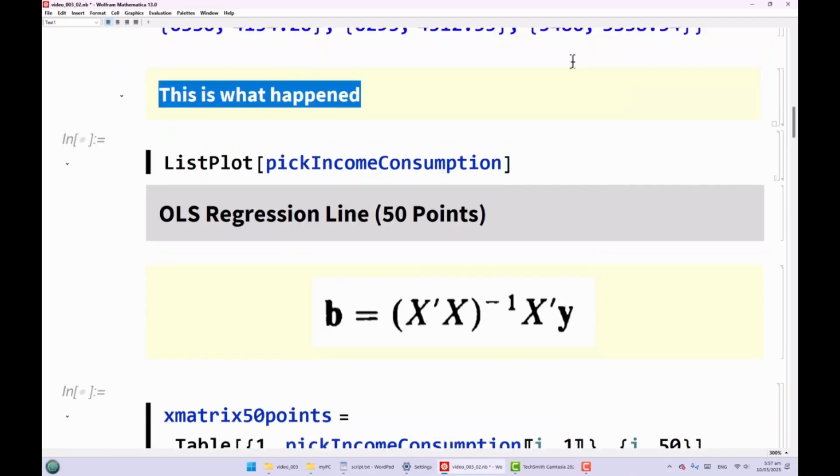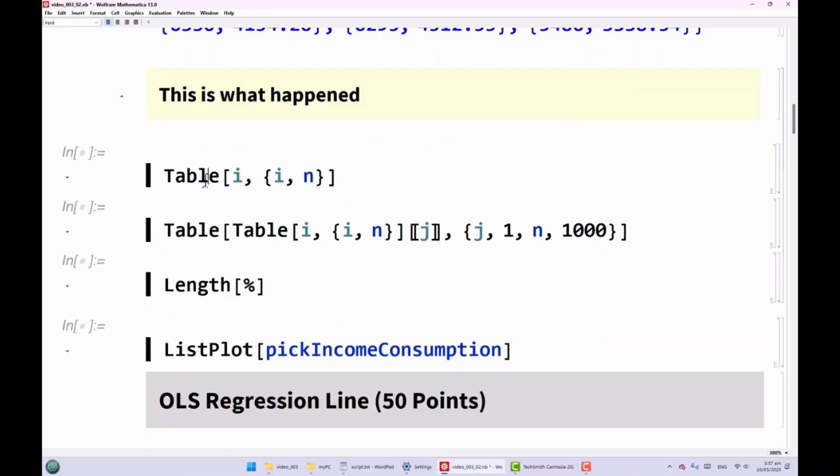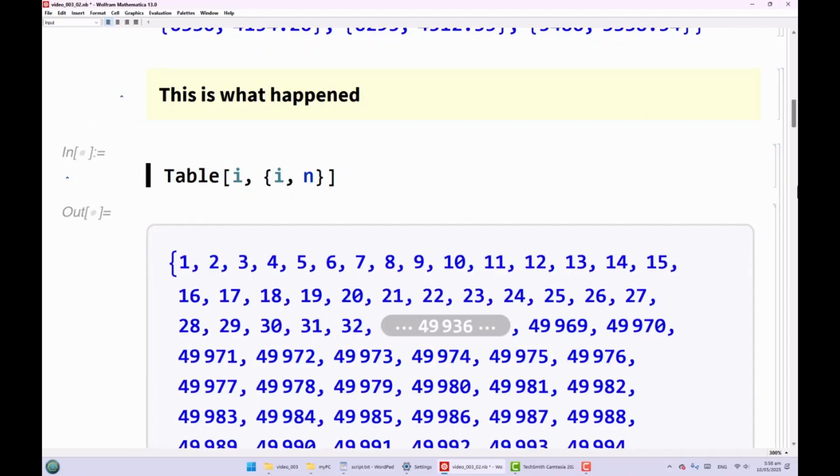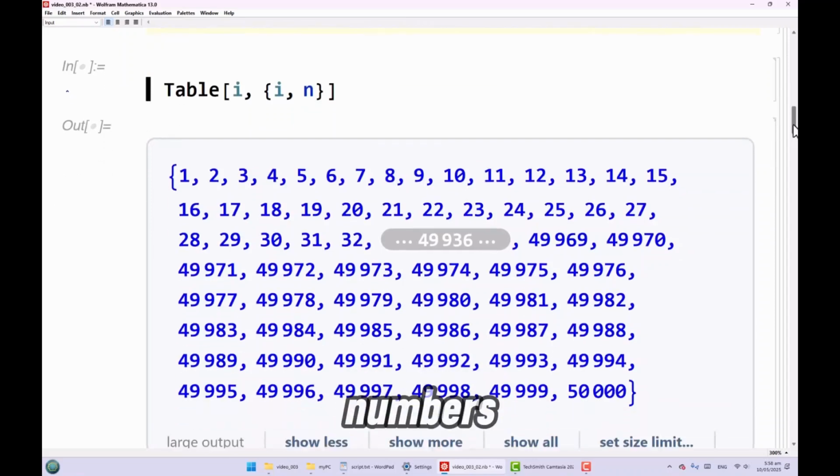This is what happened. These are 50,000 natural numbers.